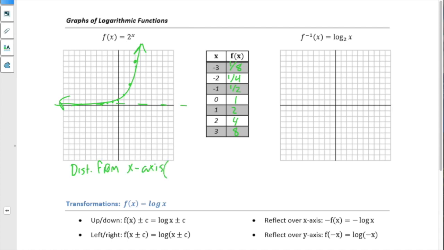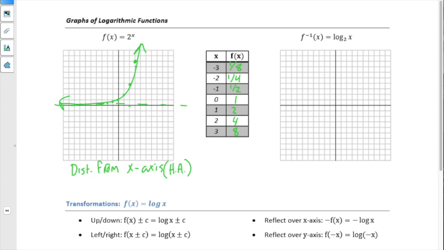But really, I was doing distances from my horizontal asymptote, which just so happened to be on the x-axis. And so when I was 0 away, I just went up 1, because any base to the 0 power is going to be 1. When I was 1 away, I was just doing my base to that power. When I went 2 away, which is right here, I was doing my base to the 2nd power and then to the 3rd power.